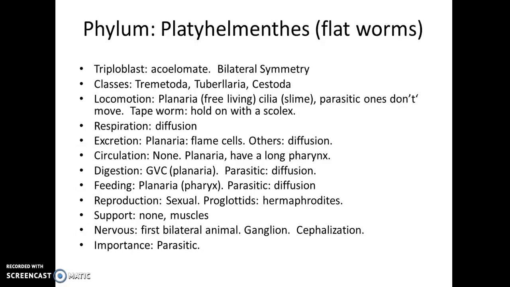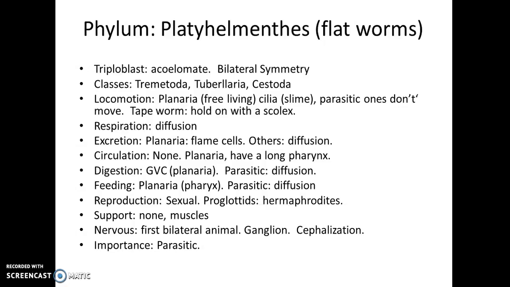Circulation, they have none. Digestion, GVC. The parasitic ones, they just absorb their nutrients, like tapeworms. They just suck in their nutrients from the intestinal tract of their host. Reproduction, sexual. Now, believe it or not, each section of a tapeworm is called a proglottid, and each section is hermaphroditic, so they can actually fertilize themselves.